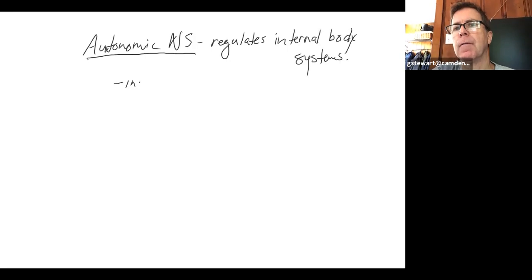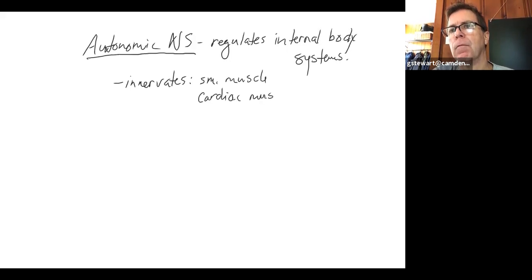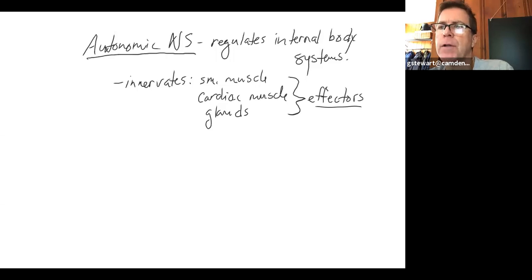Specifically, it innervates smooth muscle, cardiac muscle, and glands. And these are called the effectors. That should not be a totally foreign word to you. So the effector organs, or the effectors, are smooth muscle, cardiac muscle, and glands.